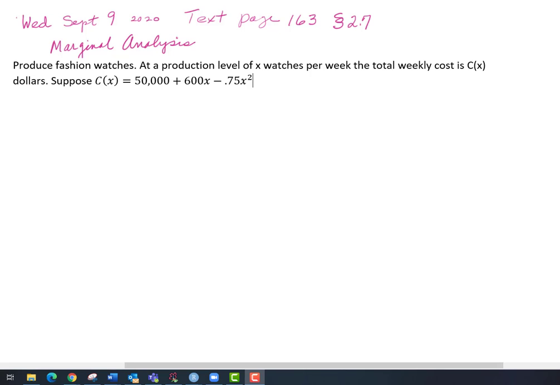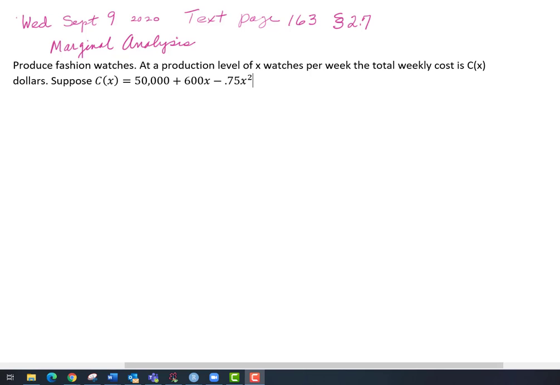Let's leave that alone and do some calculus. This material is from your textbook, page 163, section 2.7. It's going to be essential that you're reading your textbook and studying from your textbook as you go through the course. There are lots of unassigned problems in your textbook, but they're very good practice problems.